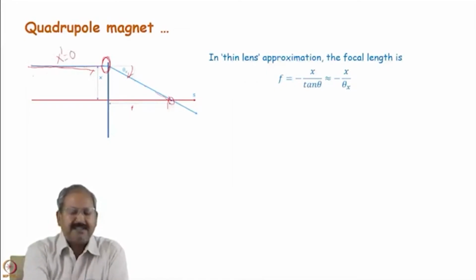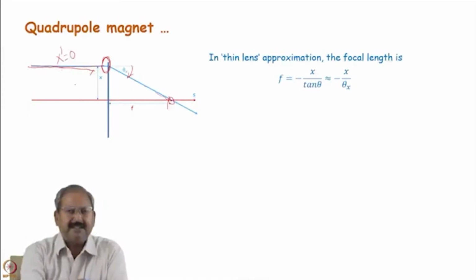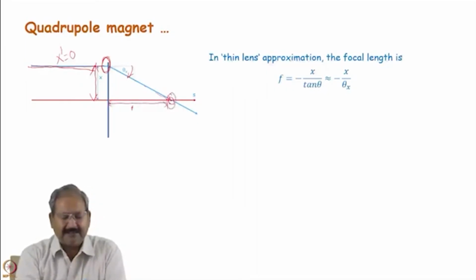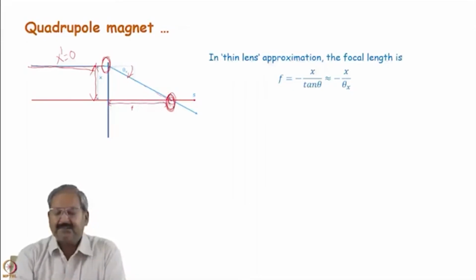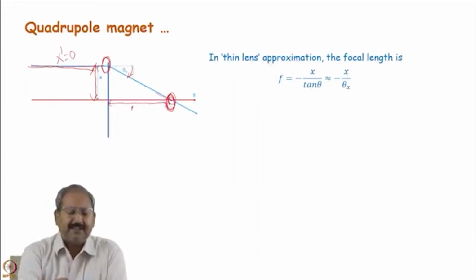That means this trajectory is making 0 angle with respect to the design axis, it is coming parallel to the design axis and it has a certain deviation x. And this is where it crosses the design path, the focal length. So due to simple trigonometry, we can obtain that f is equal to minus x by tan theta. Here I am taking this sign as a minus.